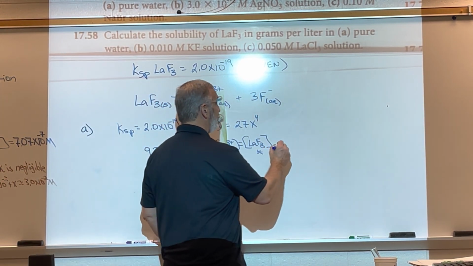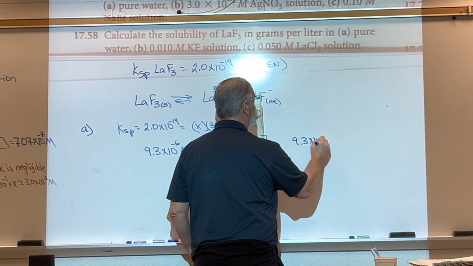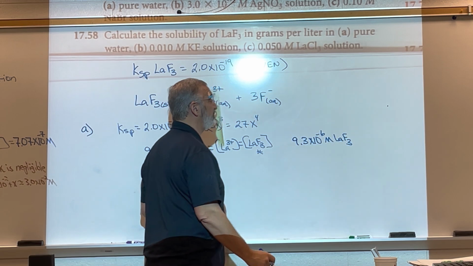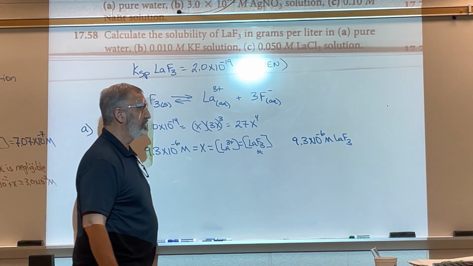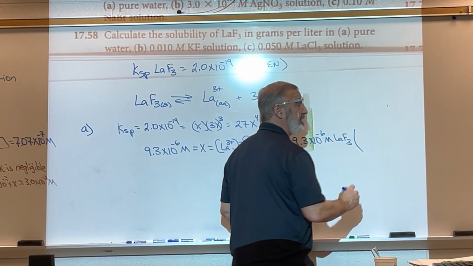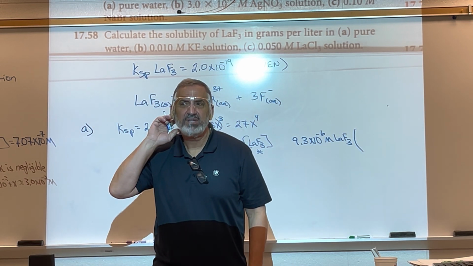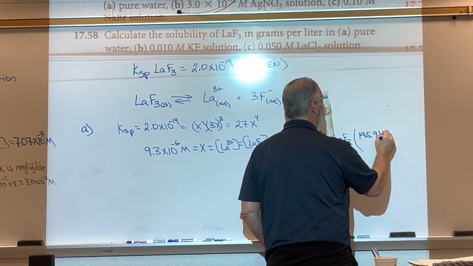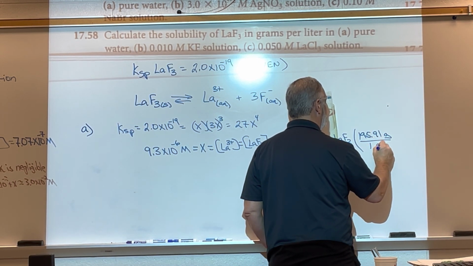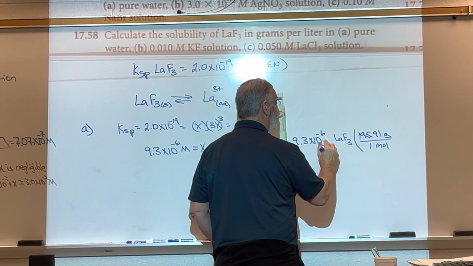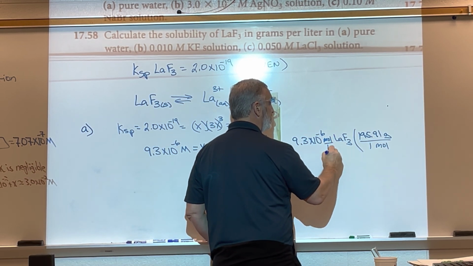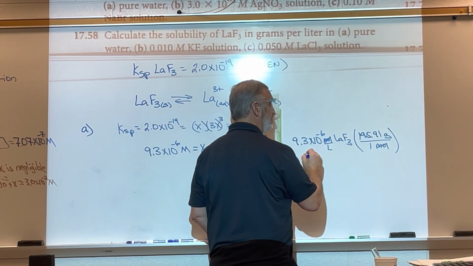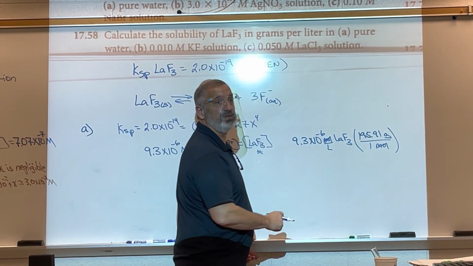So how do I take 9.3 times 10 to the -6 molar LaF3 and get that to grams per liter? By 195.91 grams per 1 mole. Notice that molarity is always moles per liter, so my moles cancel, and I'm left with grams per liter.